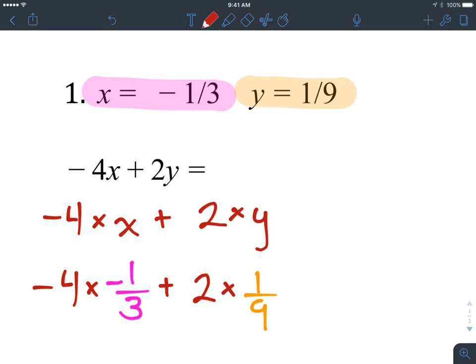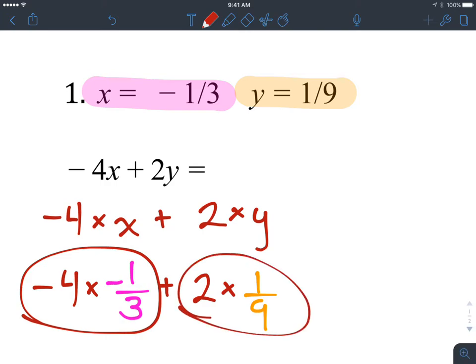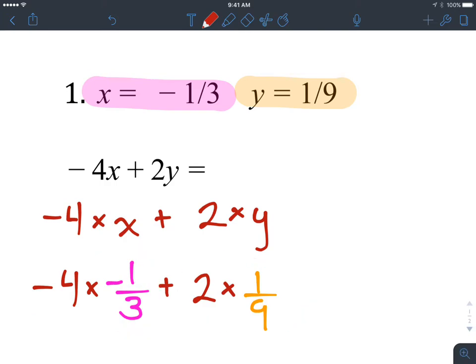And the next thing we're going to do is multiply, because we need to do our multiplication before we do our addition. So remember, PEMDAS: multiplication before addition. So we're going to do this multiplication, and then whatever we get from those we'll add together.